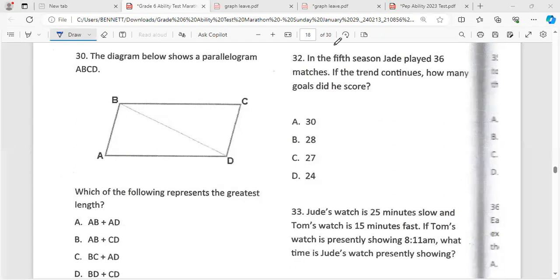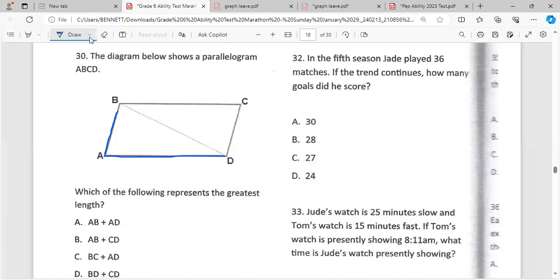All right, let's see, guys. So the first one is AB. So this is a short side, right? So it would be AB plus AD, which is these two. All right, the next one says AB.